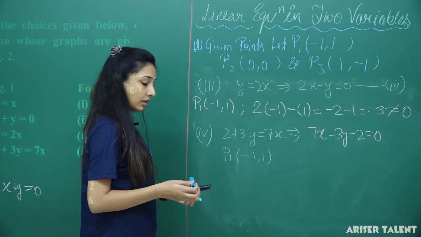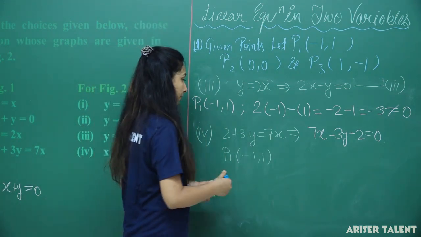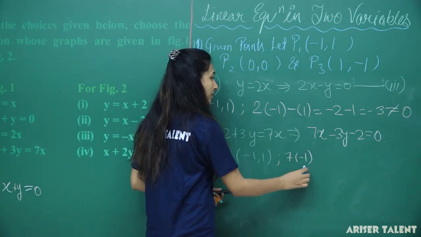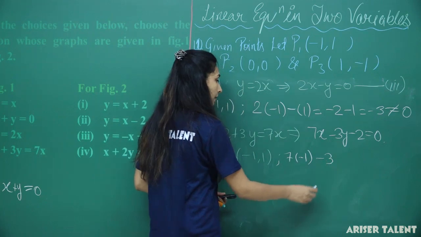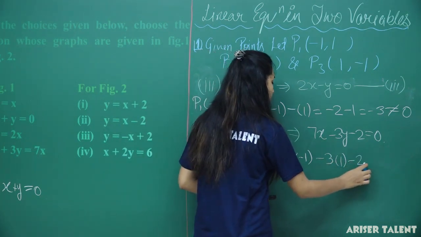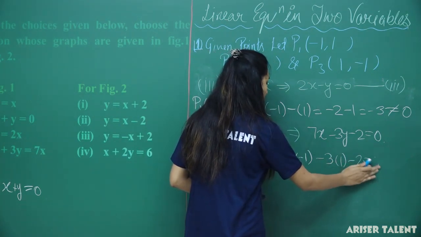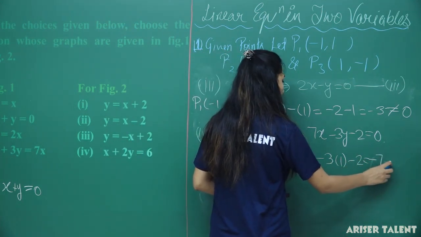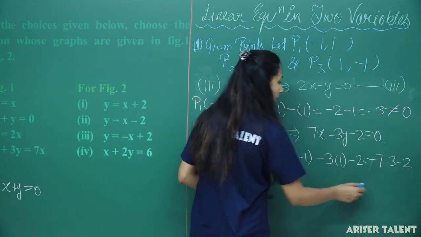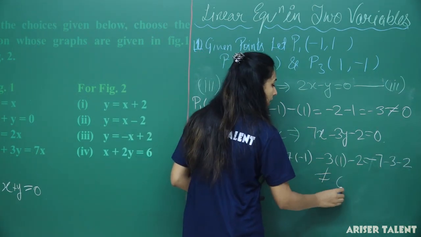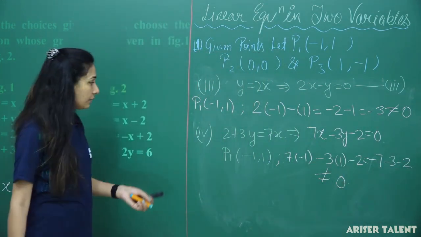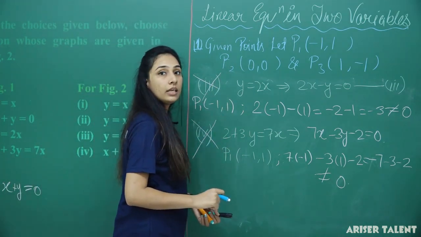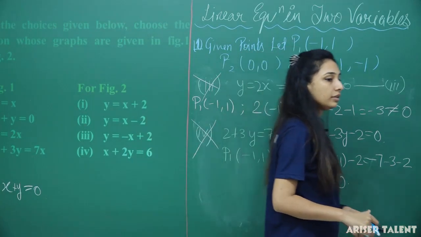Now by putting the values here, I will be having 7 multiplied by minus 1 minus 3 multiplied by 1 minus 2. Okay, so that will be minus 7 minus 3 minus 2, and this is completely not equals to 0. That means these two are not the equation for the graph. Note it.